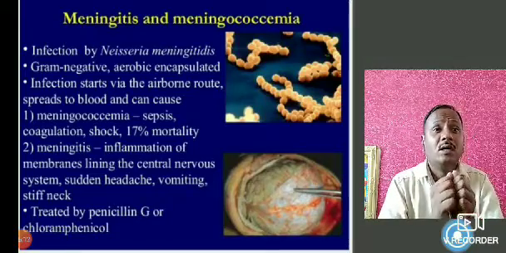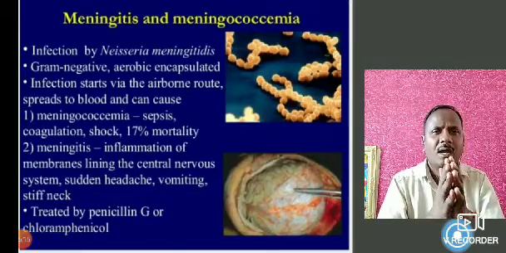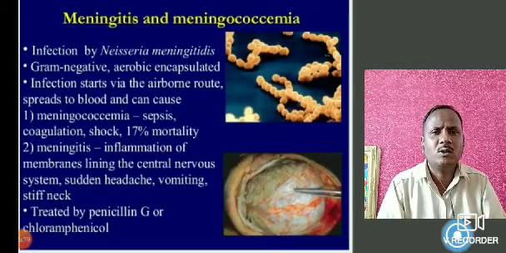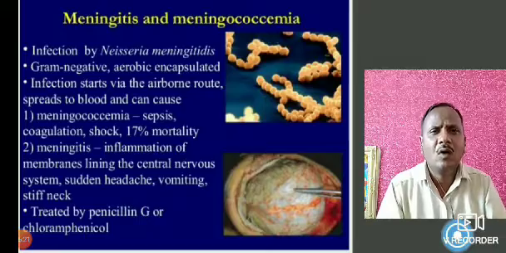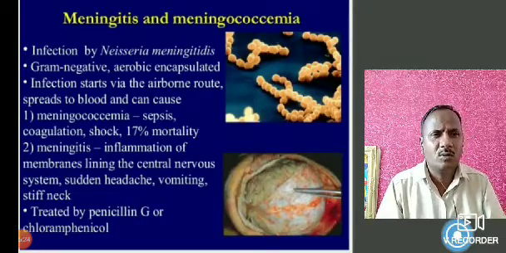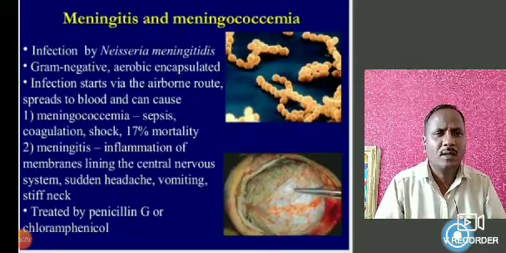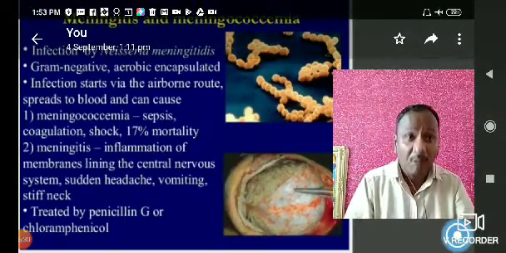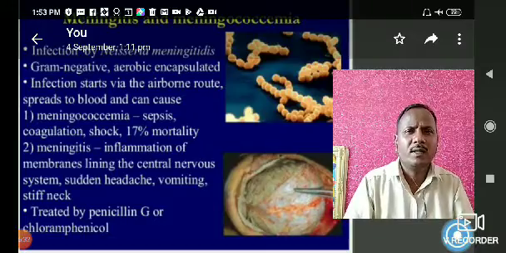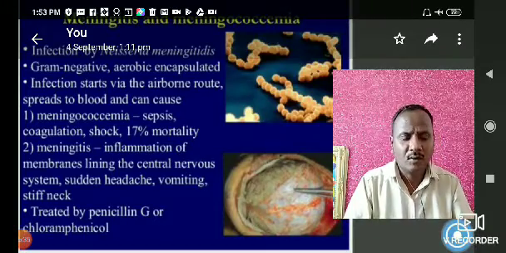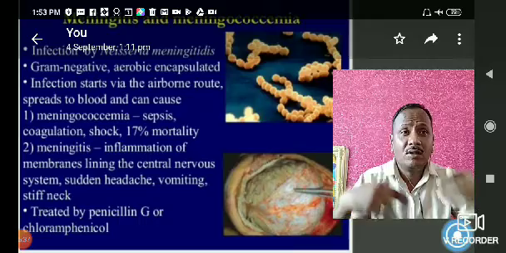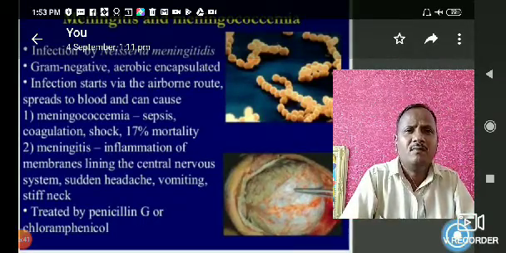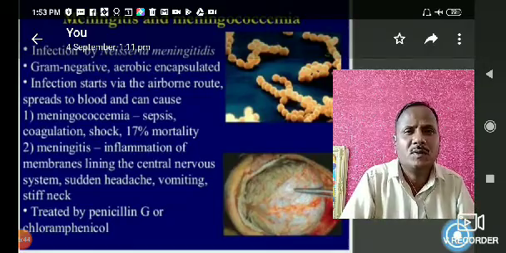The infection starts via the airborne route, spreads to the blood and can cause problems. It means the microorganisms enter the body, then enter the blood, and through the blood they enter the brain and create a number of problems.